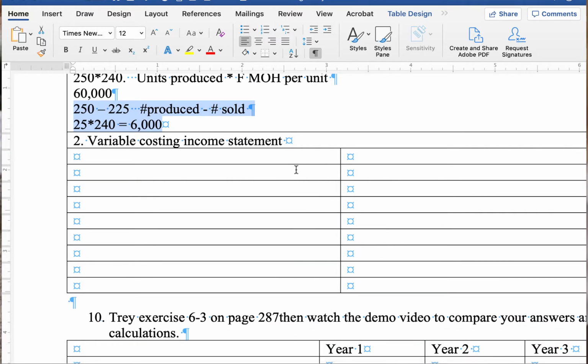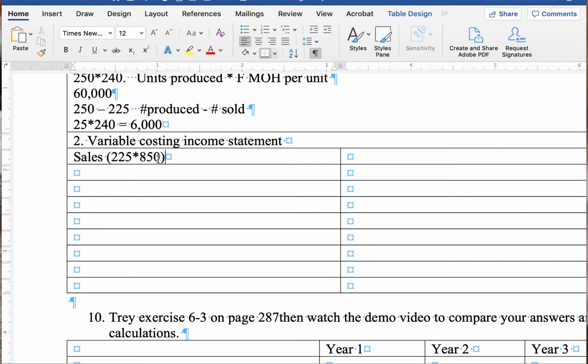Number 2 says prepare an income statement for last year using variable costing. Explain the difference in the net operating income between the two costing methods. Well, that's easy, okay? So the first thing I'm going to do is I'm going to say, what are my sales? Okay. Well, I know that I sold 225. I'm going to calculate my sales as being 225 units times $850.